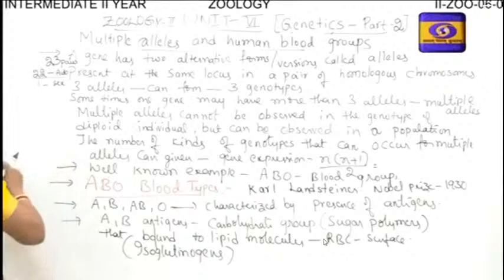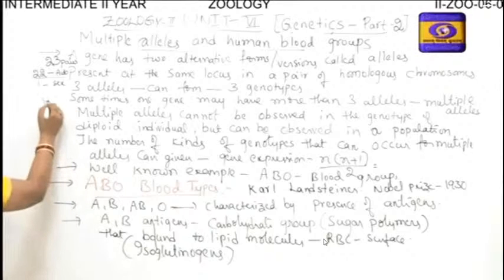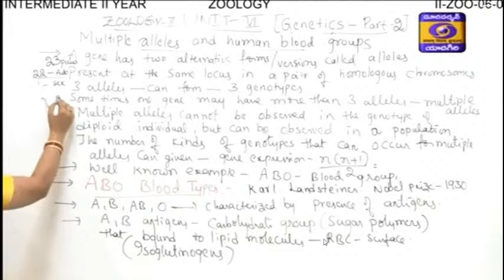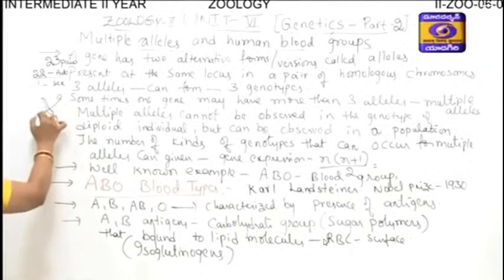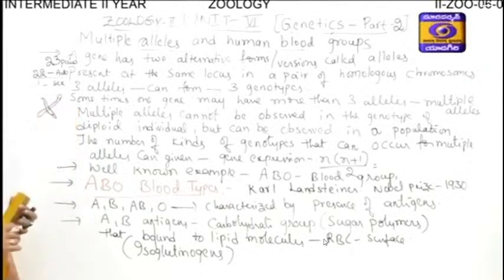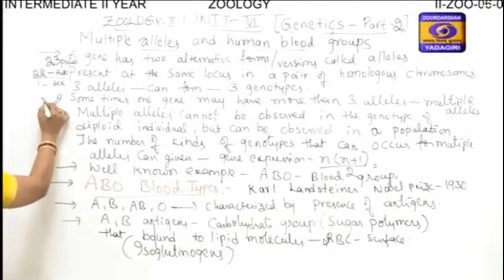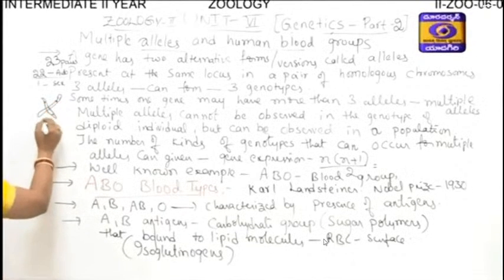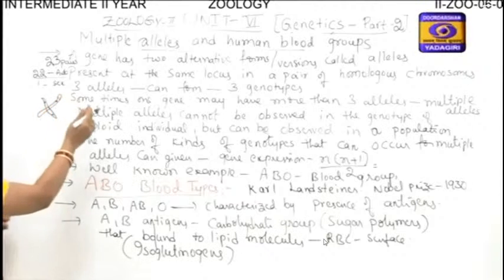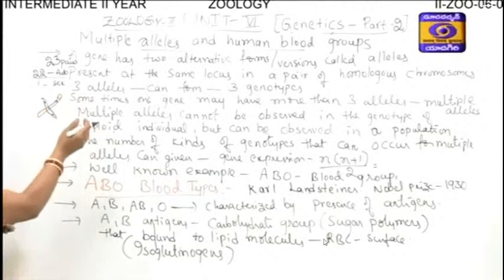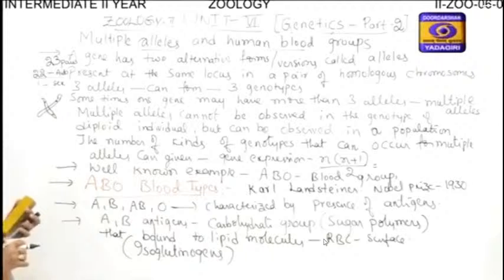If you see the ninth pair of chromosomes, these are the homologous chromosomes. On the ninth chromosome, we can see the gene or alleles which determine the blood group.